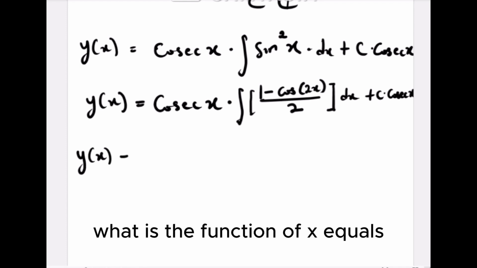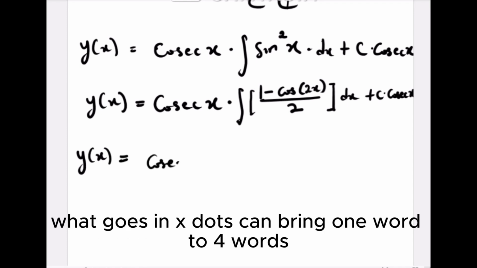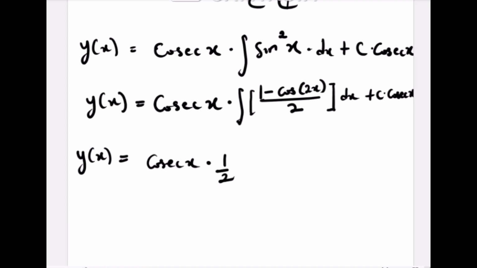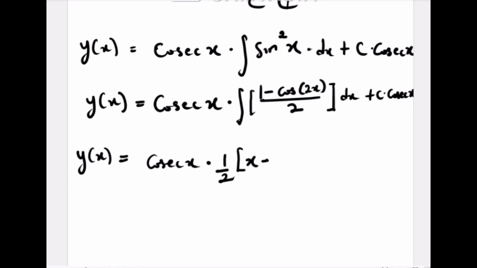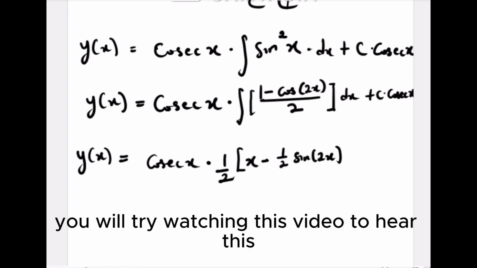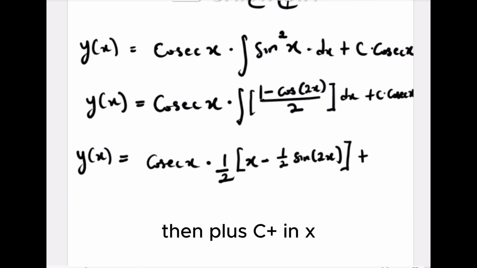So y is a function of x equals cosec x times, bringing 1 over 2 forward, x minus 1 over 2 sin 2x. You integrate this, then plus c cosec x.